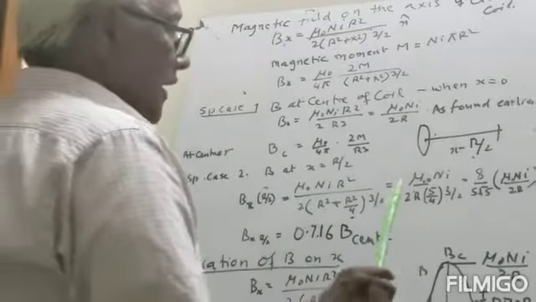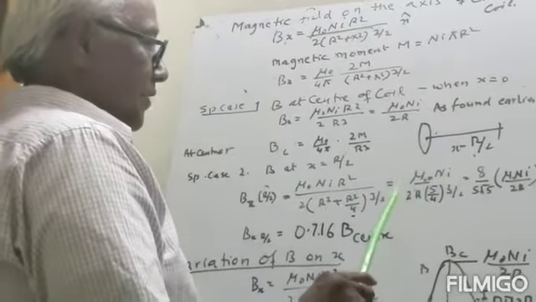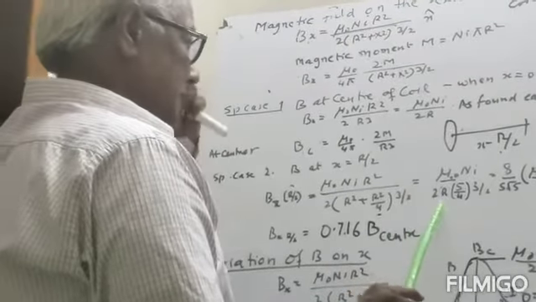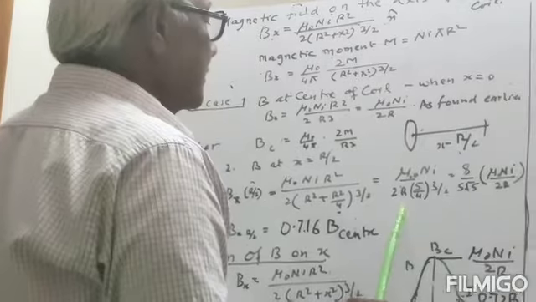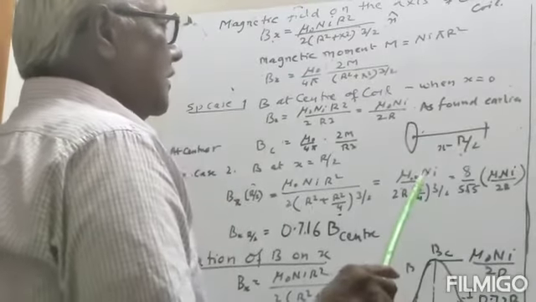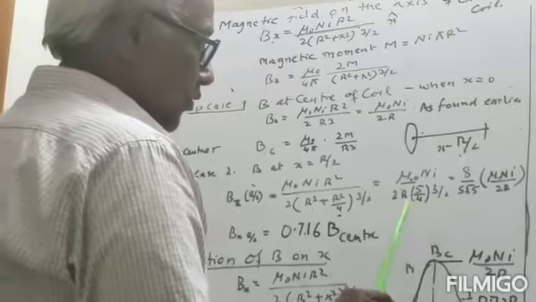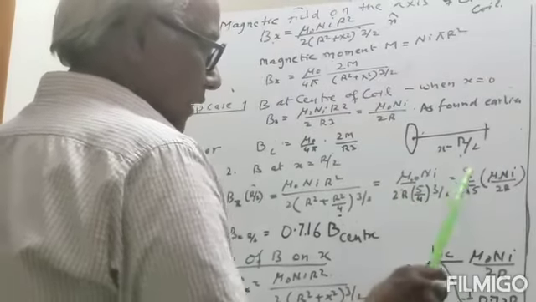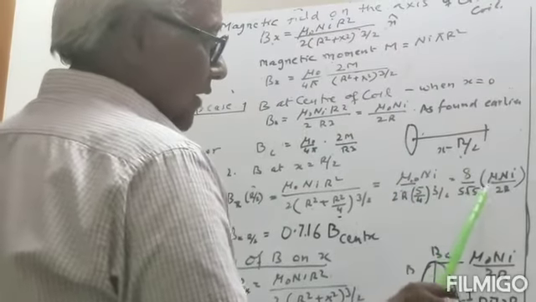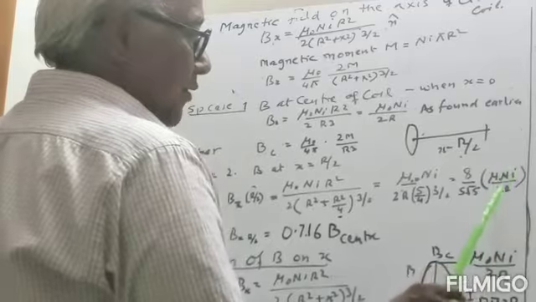We solve it, then it becomes μ0 n I / 2r × (5/4)^(-3/2). So this will be equal to 8/(5√5) × μ0 n I / 2r.